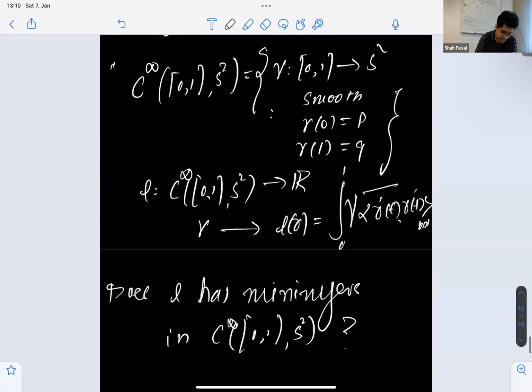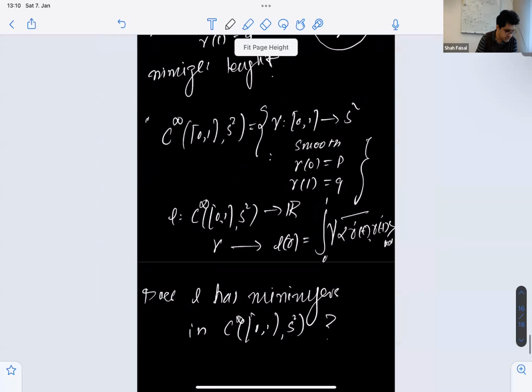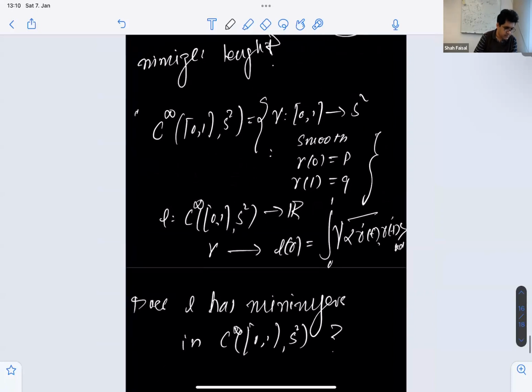And in the future, I might give you a proof using direct methods in calculus of variations to prove that at least something exists.